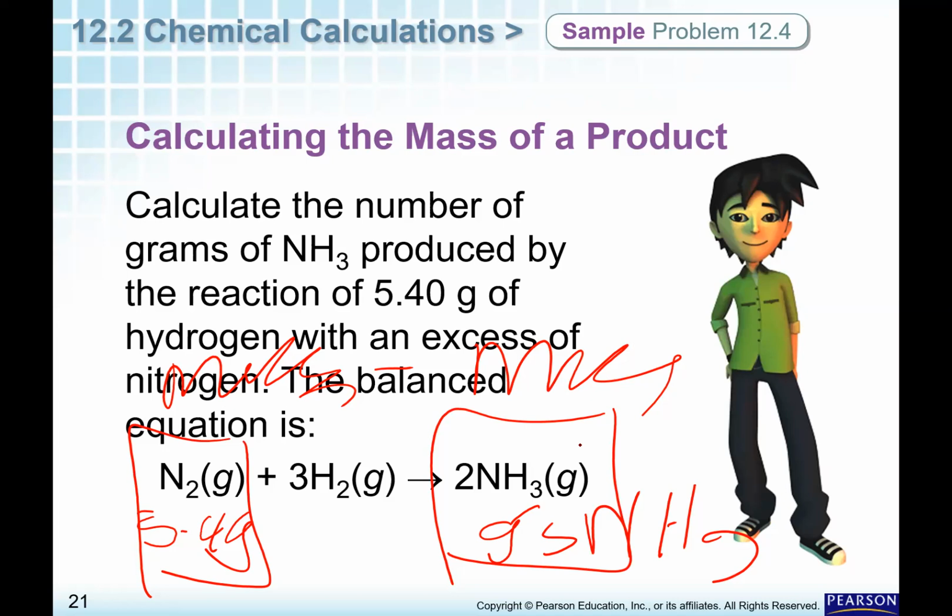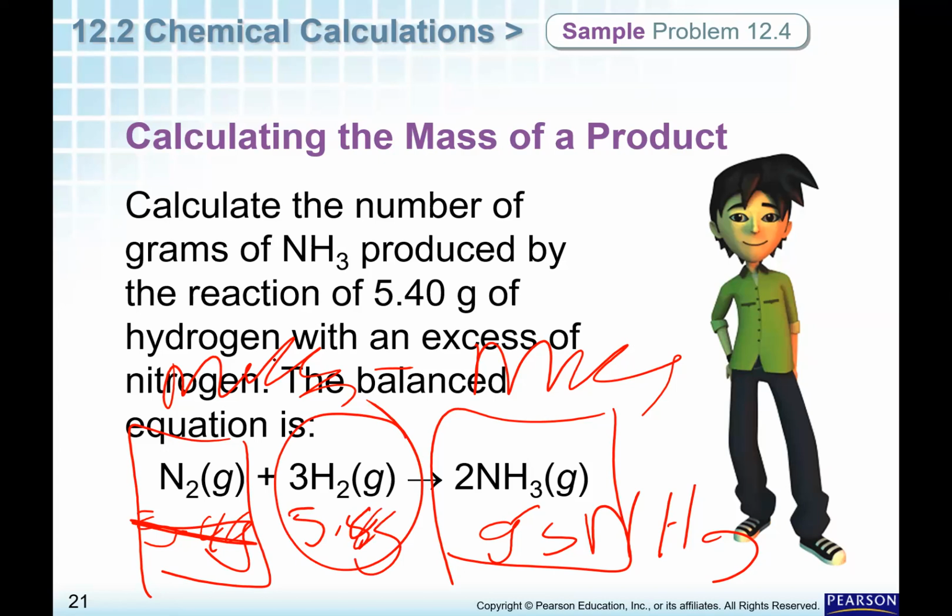No, no, not of nitrogen. Oh, yeah, I'm sorry. You're right, Faisal. We're talking about nitrogen being the one in excess. That's right, yes. So grams of hydrogen, wait a minute. That actually should not be here. This should be here.